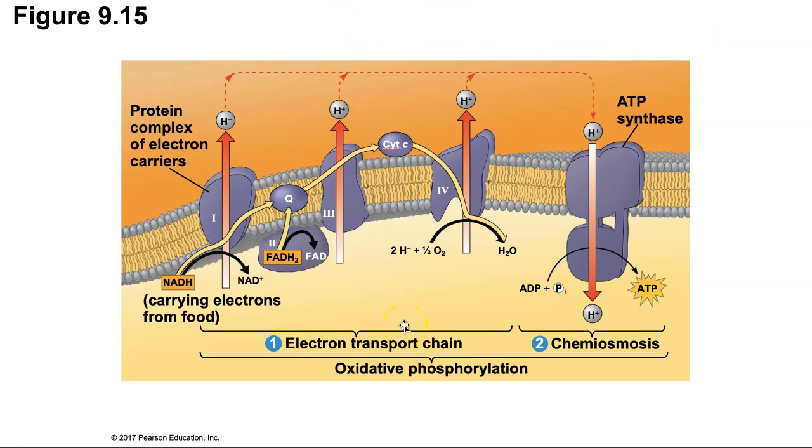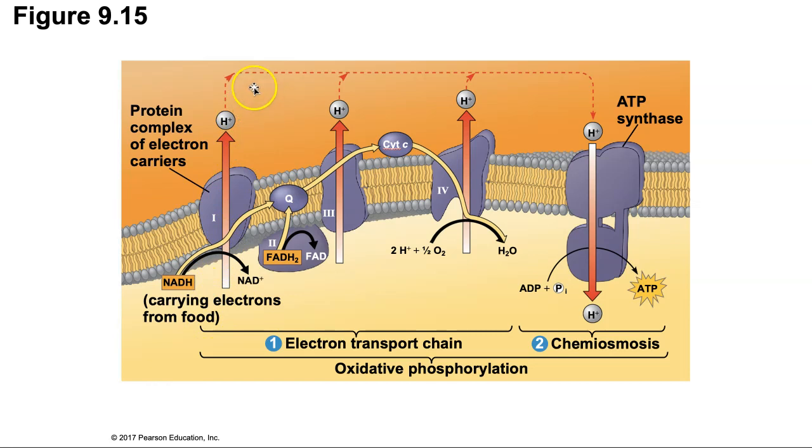And what happens is, as those electrons are being shuttled through this electron transport chain, through the cytochromes, NADH, which is carrying those electrons, is causing hydrogen protons to be pumped in from the matrix to the intermembrane space.